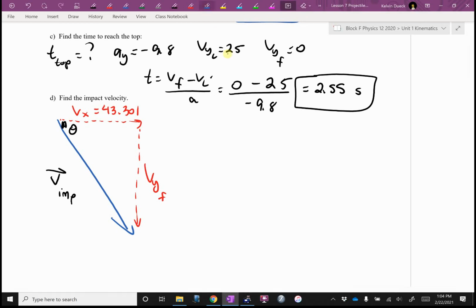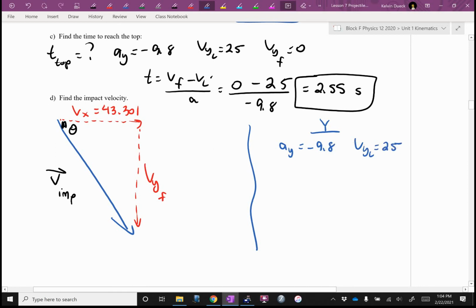So I'm going to do a little sidebar over here. A vertical table. I don't care about horizontal. AY was negative 9.8. Was Vy initial 25? I'd like to find Vy final. That's only two things.